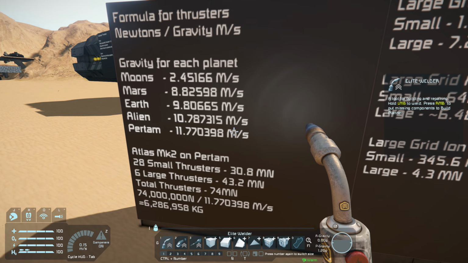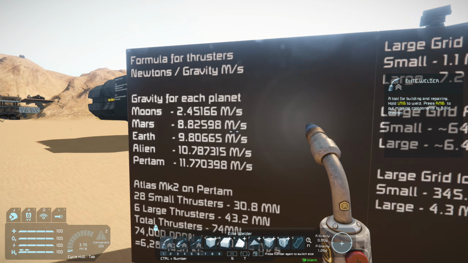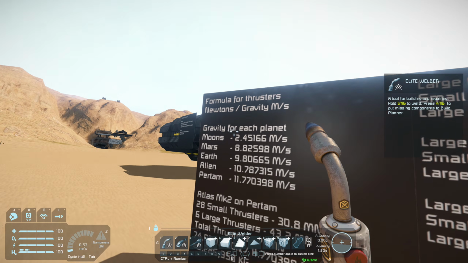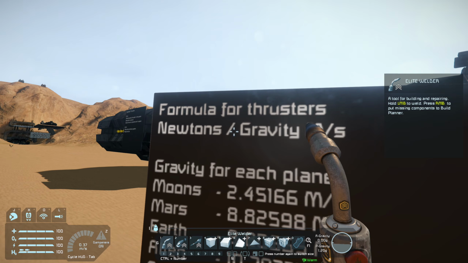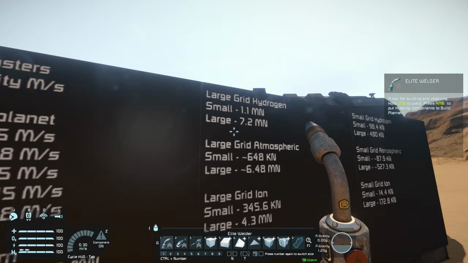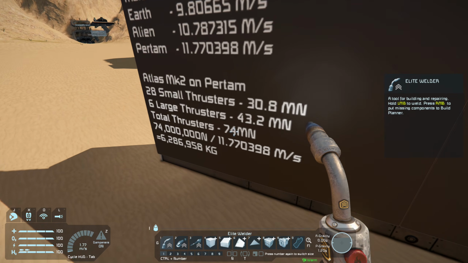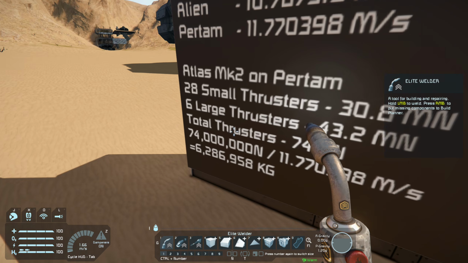You can see that near my welder in the bottom right hand corner of that console, it says P gravity 1.20 g. So that is the gravity. You get your newtons and divide that by the gravity in meters per second. But in order to make this work, you need to convert this 74 meganewtons into newtons.